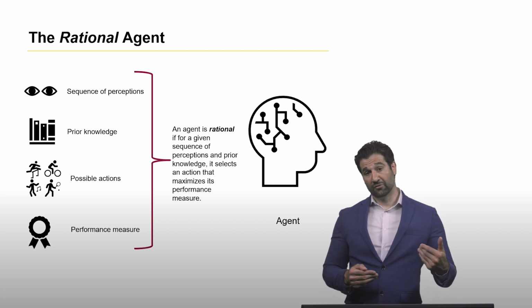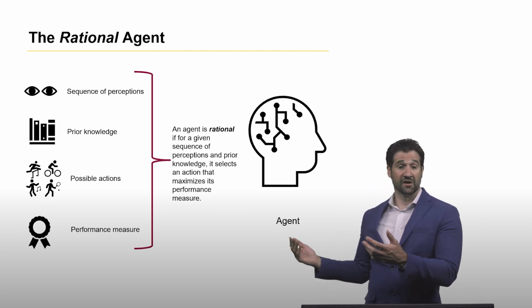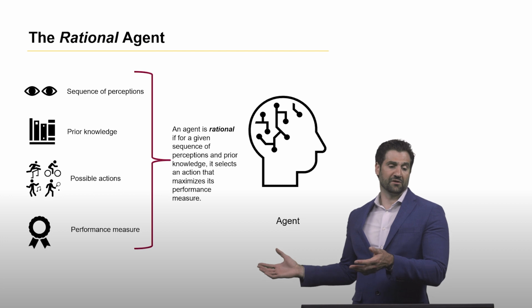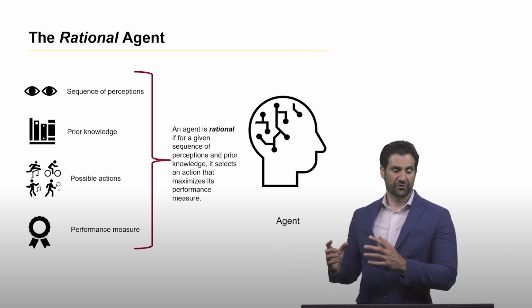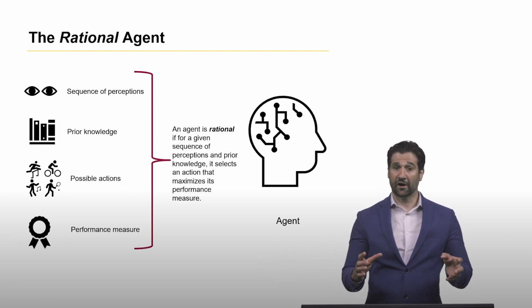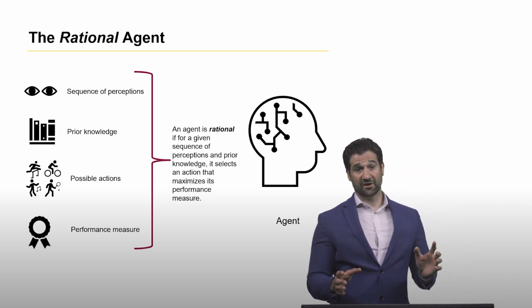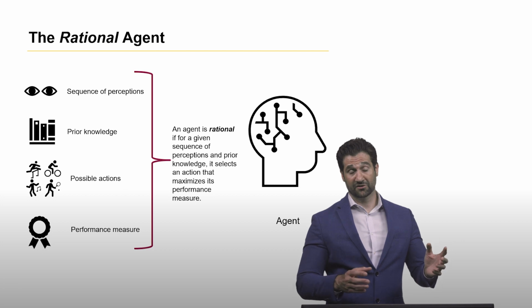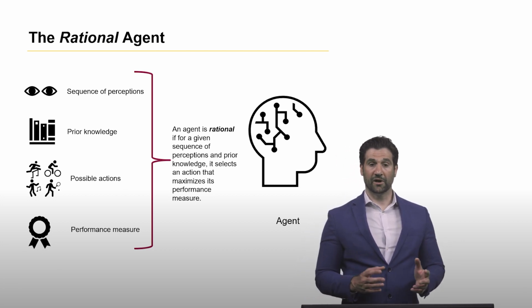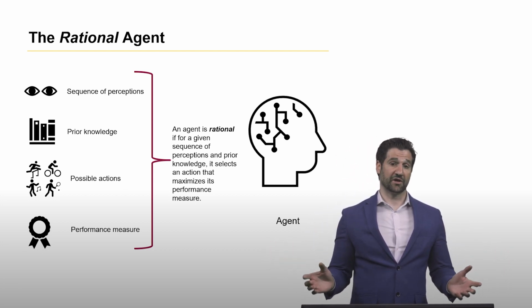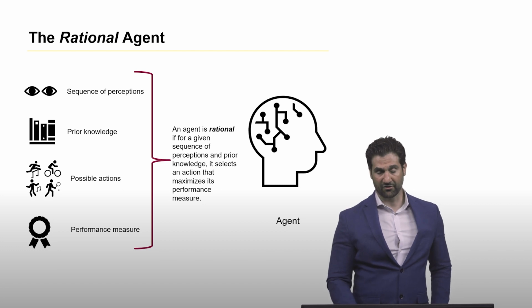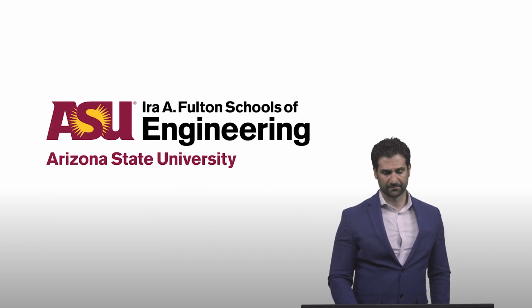Maybe there are multiple objectives, and this is where in modern times we're seeing a lot of difficulty, and this paradigm breaks down a little bit. But all that aside, in general, this whole idea of the rational agent works really well for a wide variety of applications, which is why we are covering it in this course.